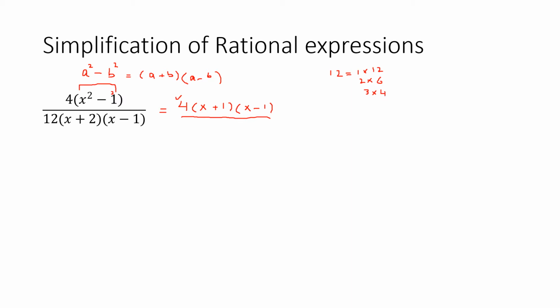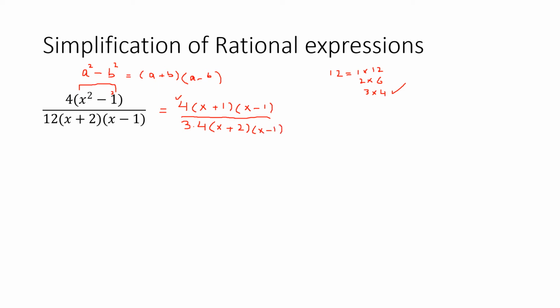But if we look at the numerator, there is 4, so I think we should use these factors. So 3 times 4, and the remaining brackets are simple. They are up to degree 1, they are linear, so we don't need to factorize them. And x minus 1.